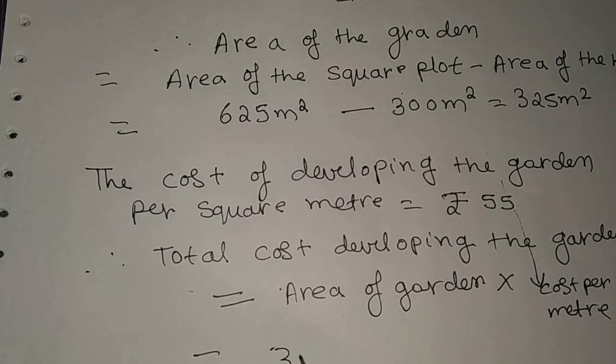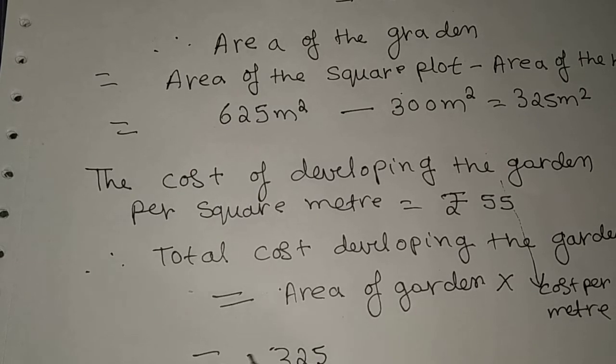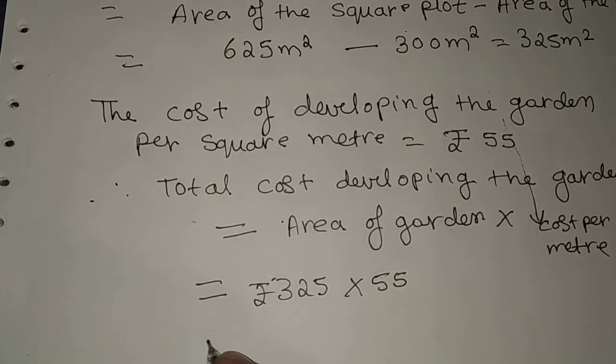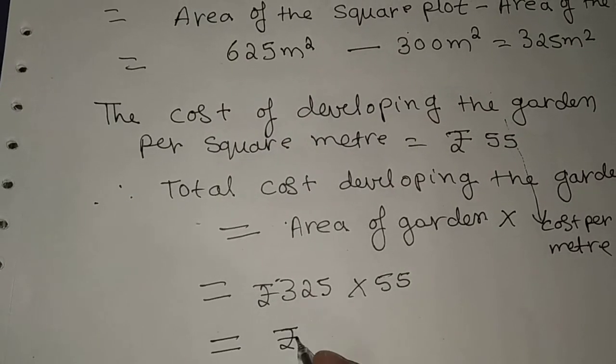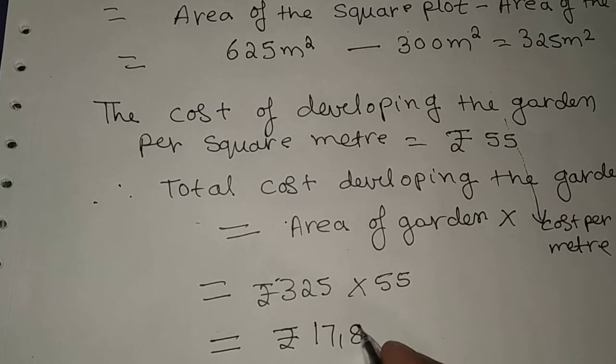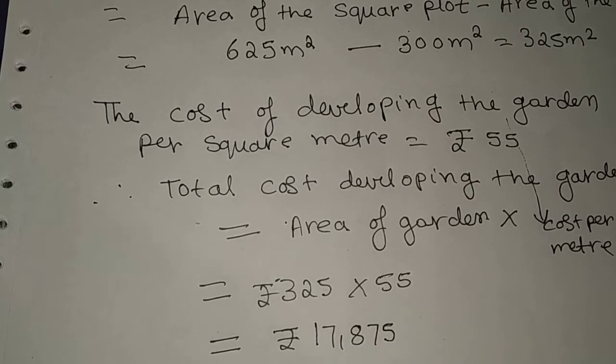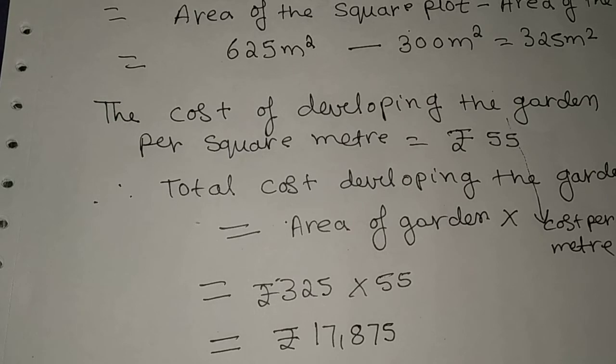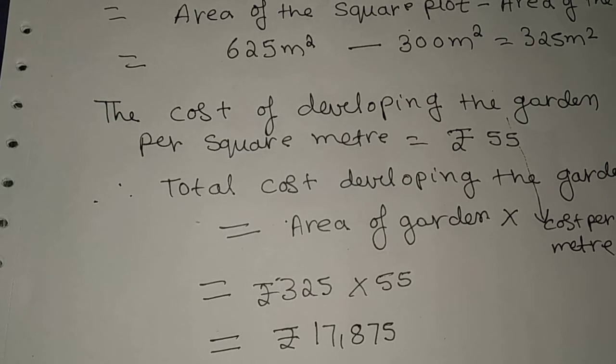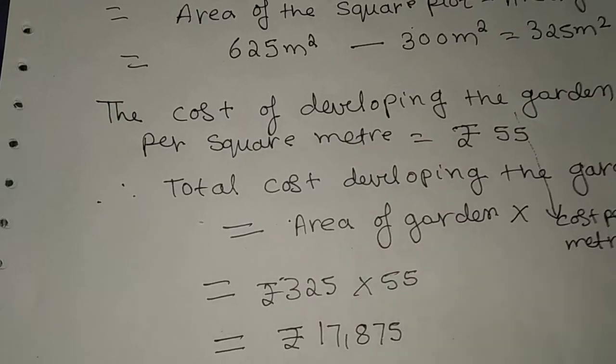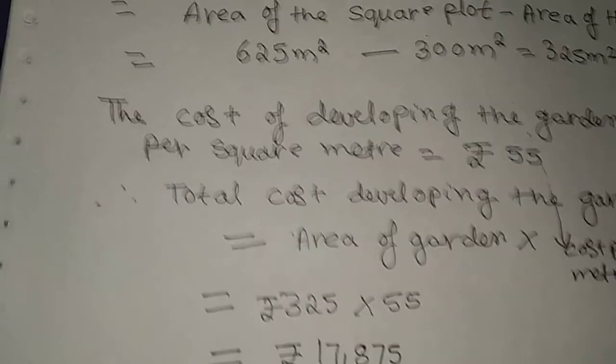How much we have? 325 into rupees 55 per square meter will become how much? Rupees 17,875. So the total cost for developing the garden is 17,875. This is the second question. We move on to the third one.